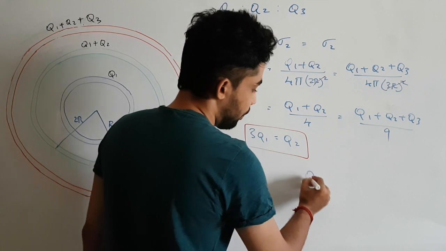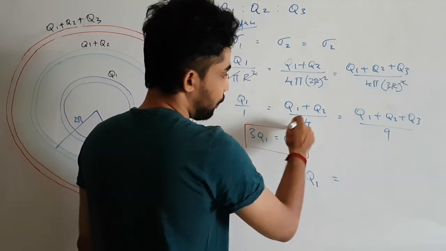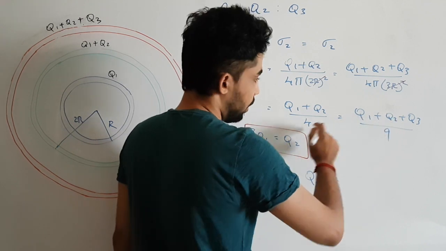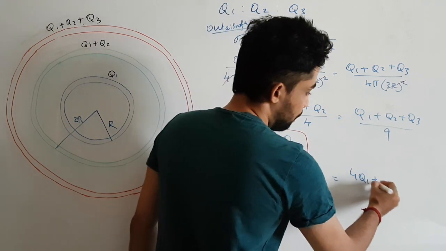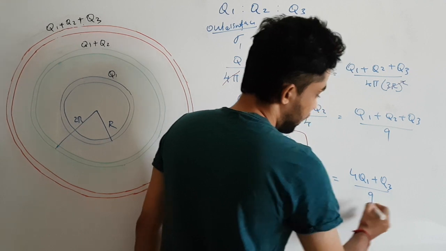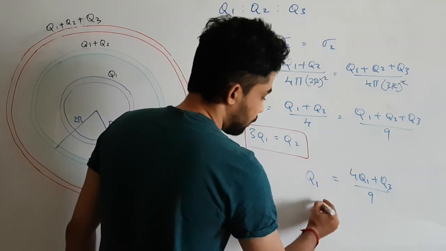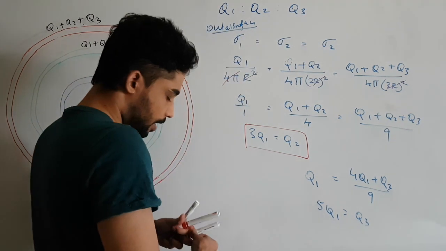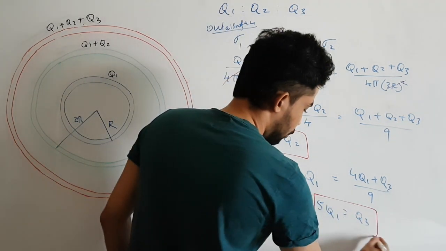So you get q1 is equal to, here the 4 and 4 cancel, and if I put q2 as 3q1, you'll get 4q1 plus q3 divided by 9. Bringing 9 to this side and simplifying, you'll get 5q1 is equal to q3. So you got a relation between q1 and q3.